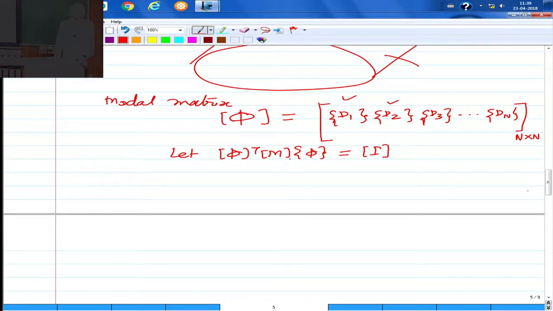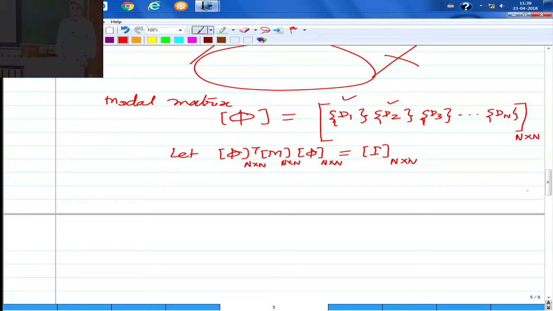These are all n by n matrices. I am putting the modal matrix here, and its transpose is also n by n. So finally this is going to be an n by n matrix, an n by n identity matrix.